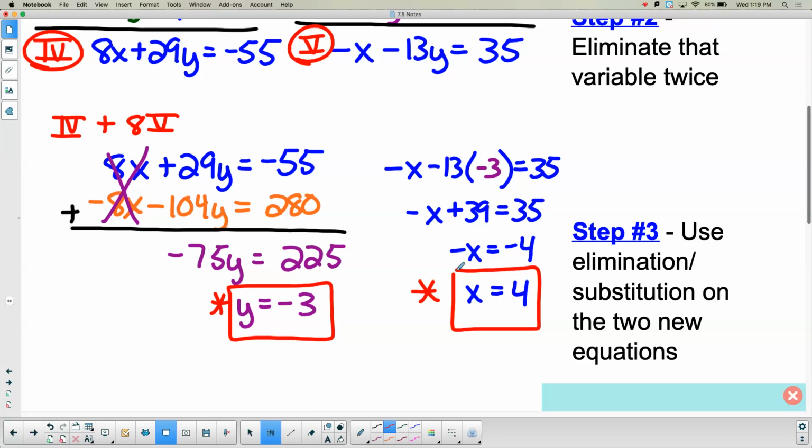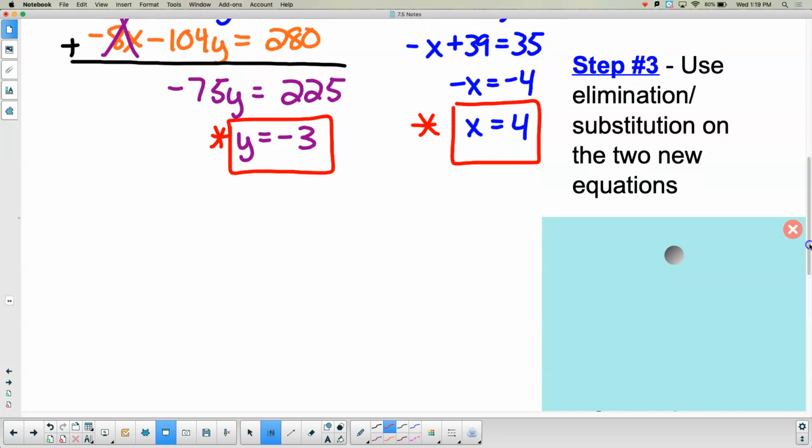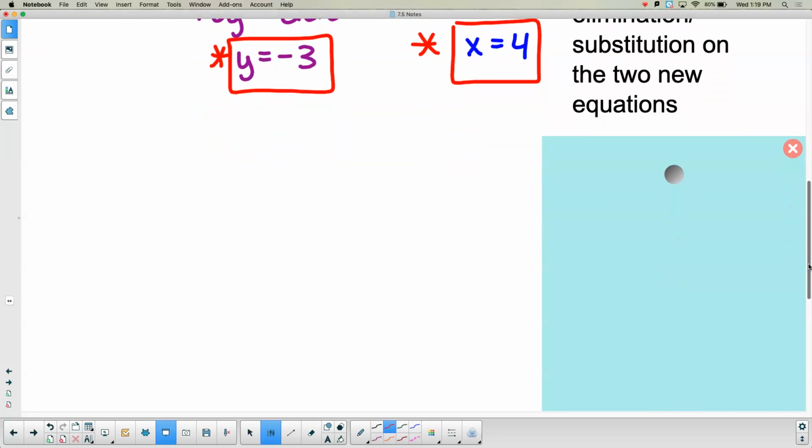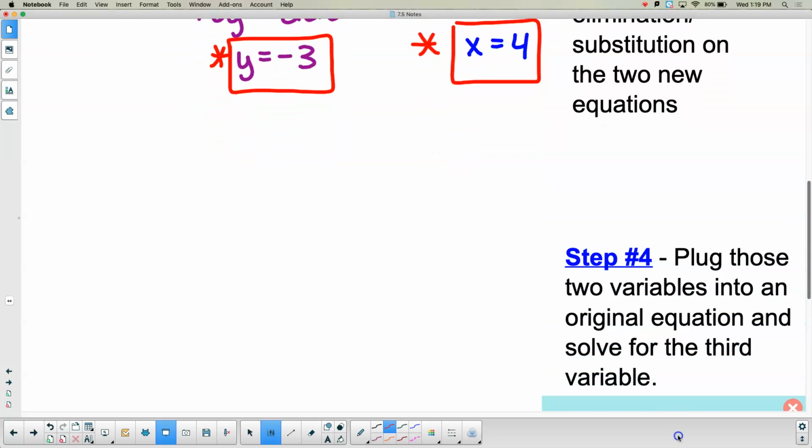Put in one of the original ones? Which one do you want to go with? Second one, you're saying? Sure. Okay. Got the third one? You tell me. Third one's a good choice.